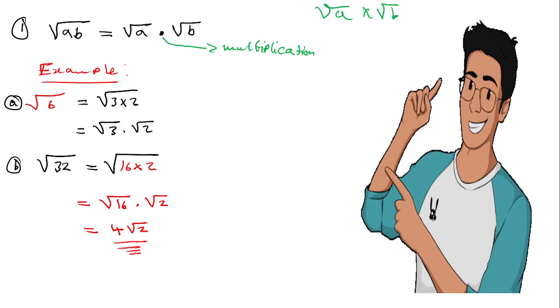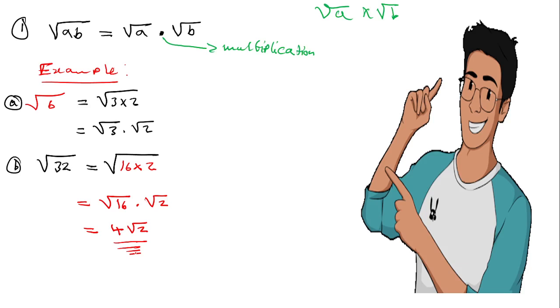Square root 32 is a big number, but we can easily manipulate it and change it into 4 square root 2. So this is the first rule of surds. I hope you guys have followed. Do we have any questions, ladies and gentlemen?